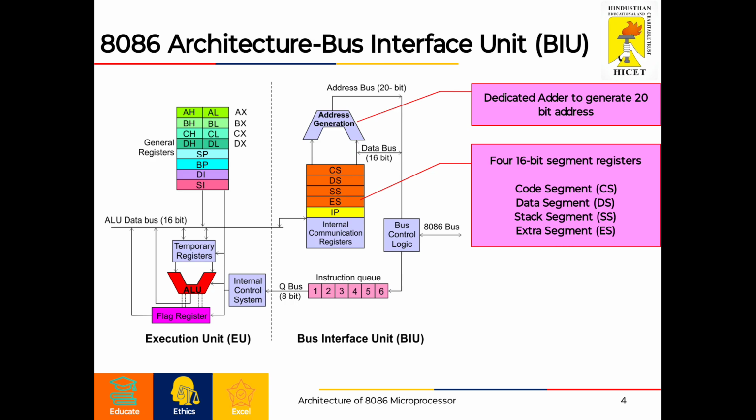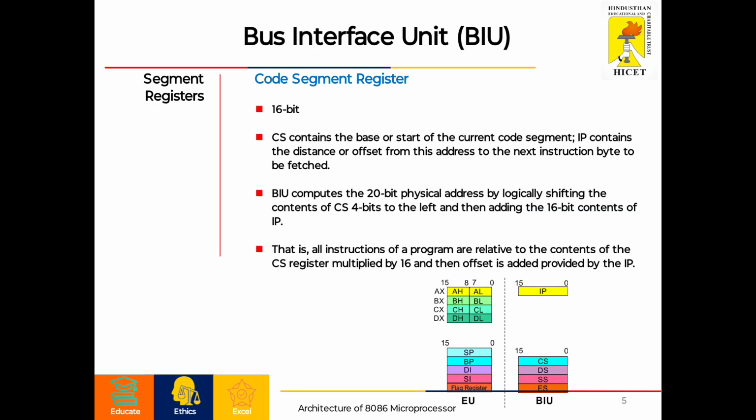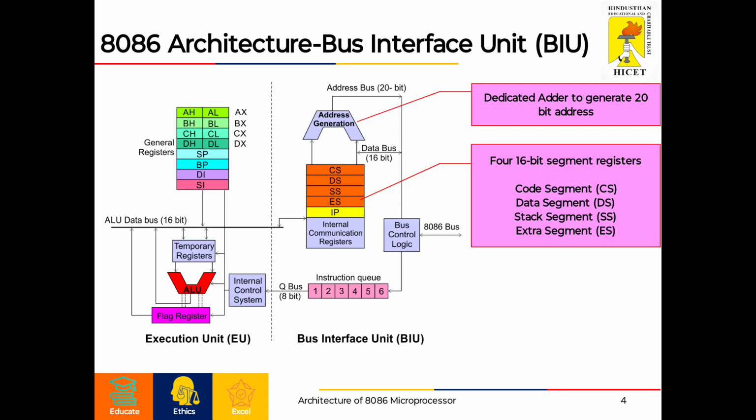How it develops this 20-bit physical address we are going to see. First is the segment register. The 20-bit address is obtained by logically shifting the content of the code segment register left by 4 bits and then adding it to the content of the instruction pointer.